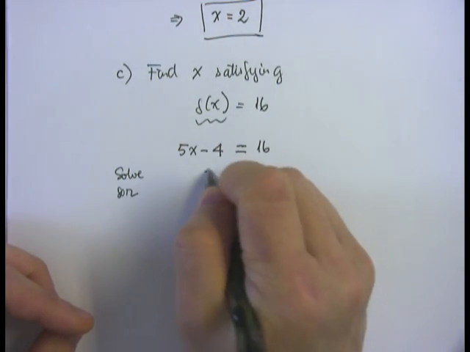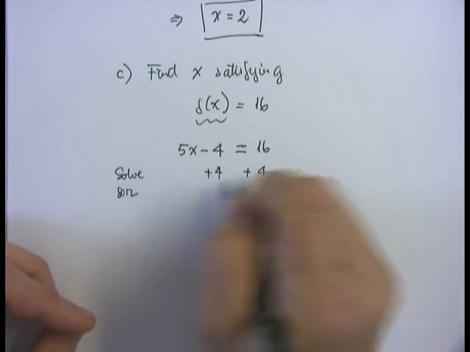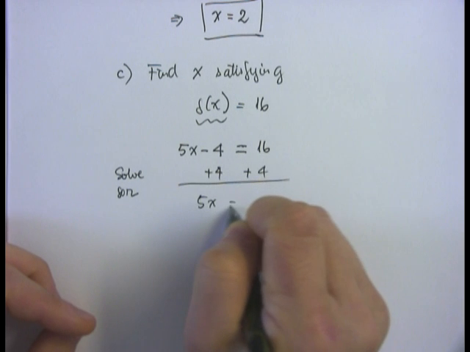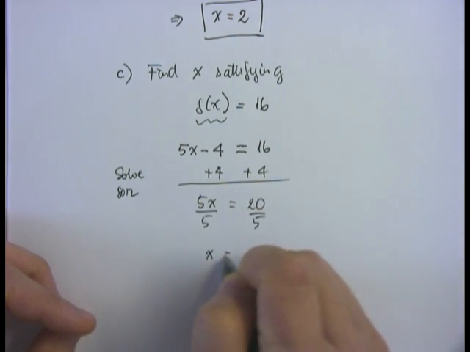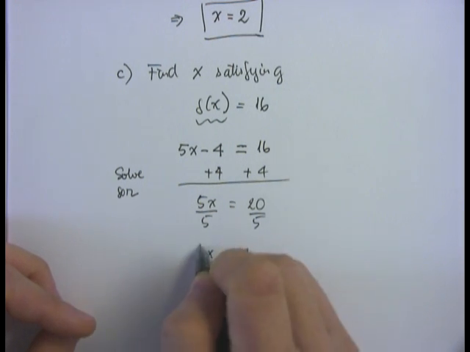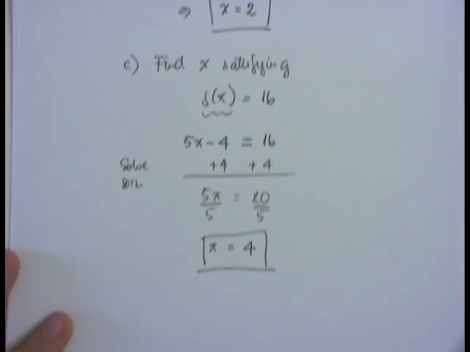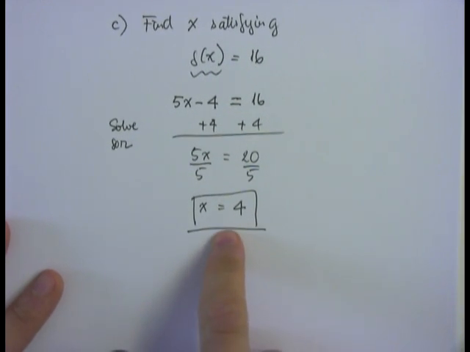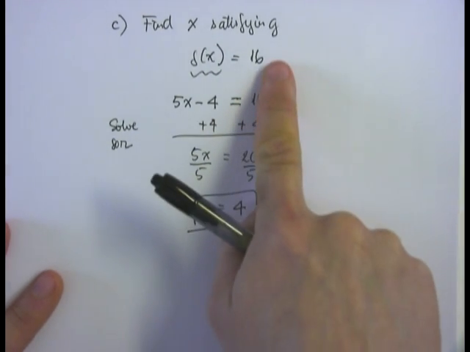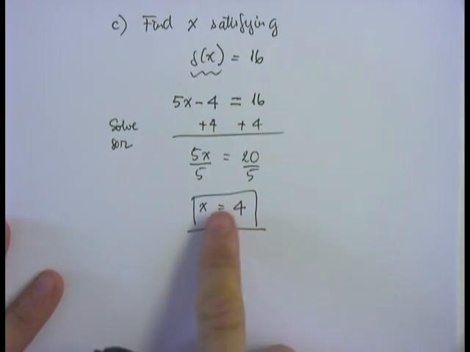So solving that, I'm just simply adding 4 to both sides, and that gives me 5x equals 20, and dividing both sides by 5 gives me x equals 4. And so correspondingly, away from the table, I can still find a value for x, knowing the value for the function, by simply solving for x.